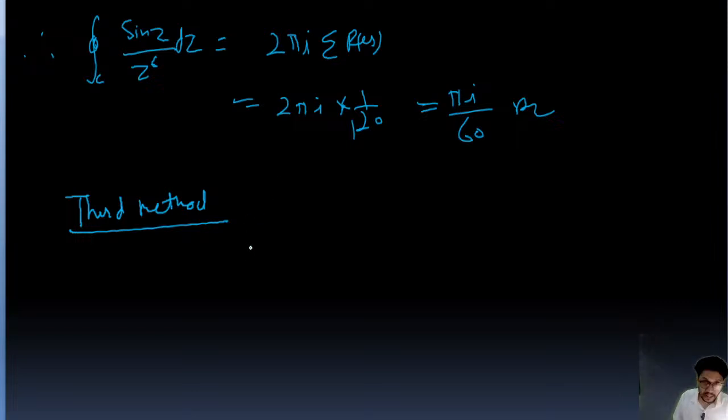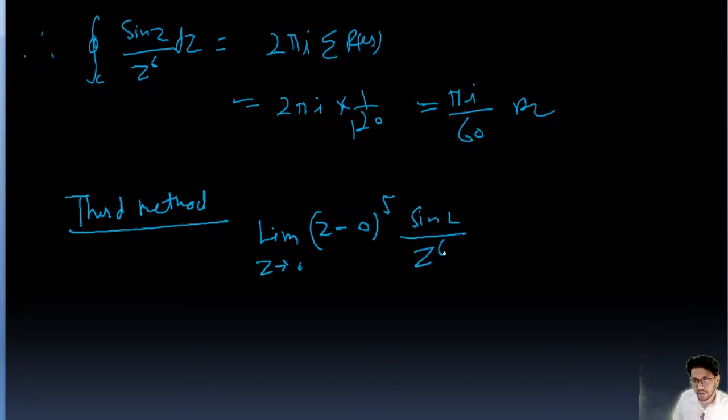In the third method we can write limit z tends to 0 of (z minus 0) to the power 5 times sin z upon z to the power 6. From here, this z to the power 5 will get cancelled, right?